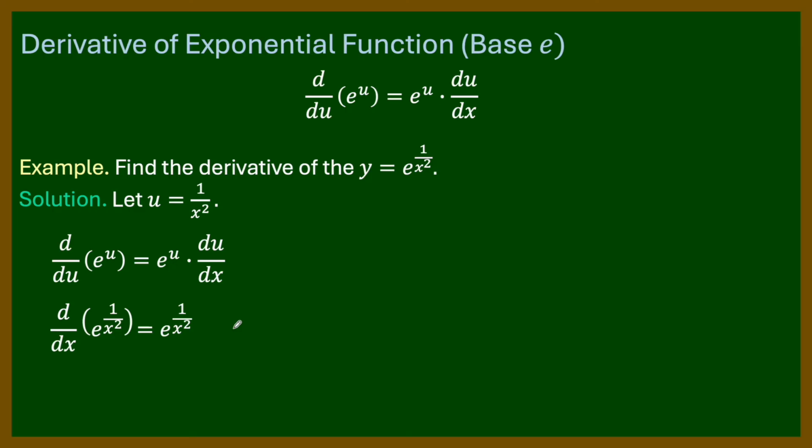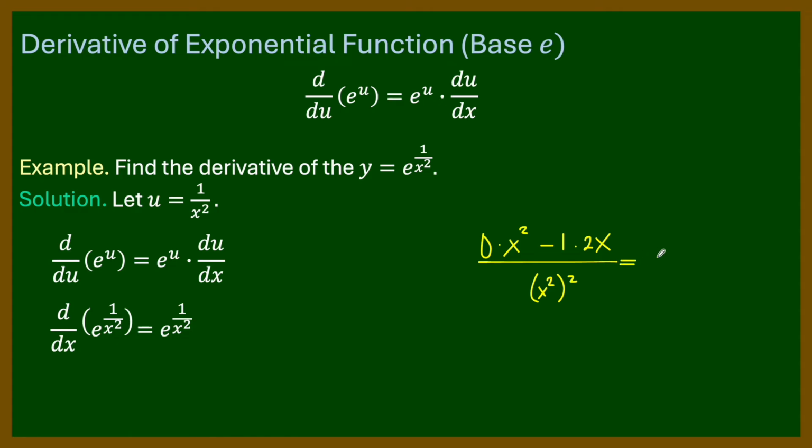Simply use the quotient rule. Derivative of the numerator, which is 0, times, copy, the denominator, which is x squared, minus, copy the numerator and differentiate the denominator, which is 2x, all over the denominator squared, which is x squared raised to 2.